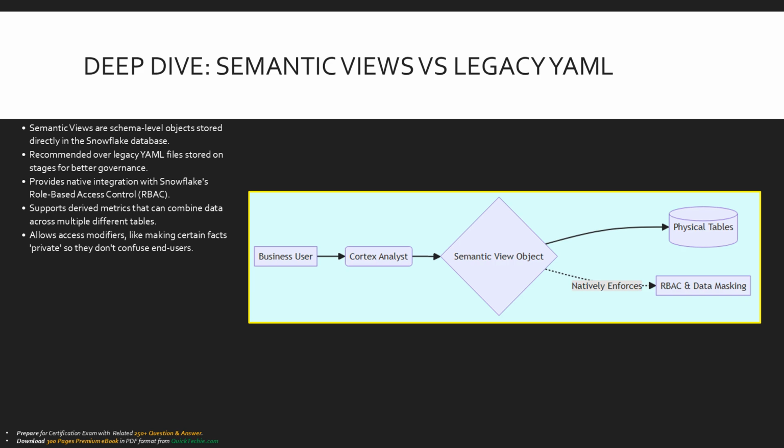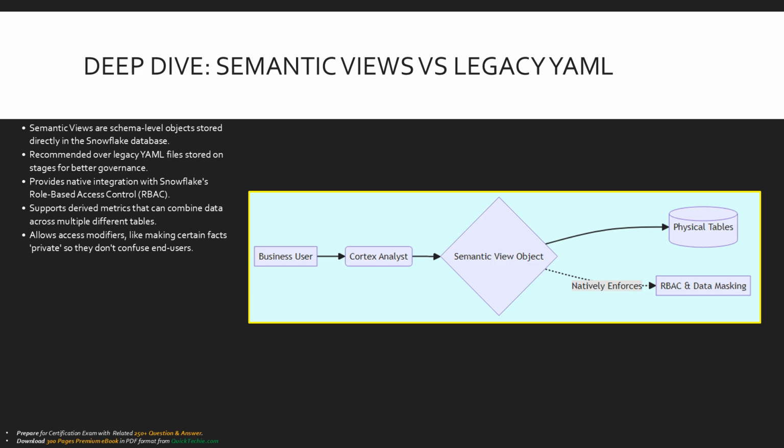In this diagram, we see the modernized architecture utilizing native semantic views. Notice how the semantic view acts as a robust, governed abstraction layer right in the middle of the flow. The business user queries Cortex Analyst, which then directly consults the semantic view object inside the database. This semantic view encapsulates all the complex join logic, metric definitions, and business synonyms.